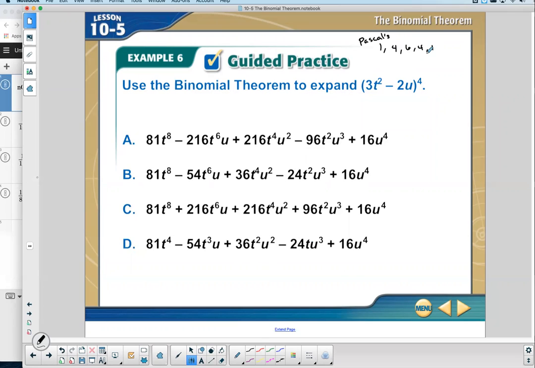What you would have is 1 times 3t squared on the inside raised to the 4th power. So 3t squared is the winner in this case. One person who wins every time.